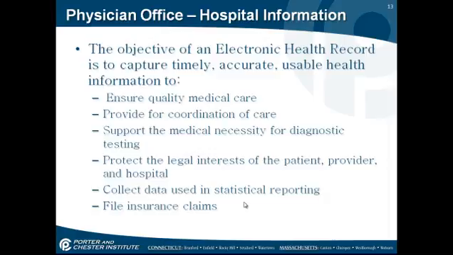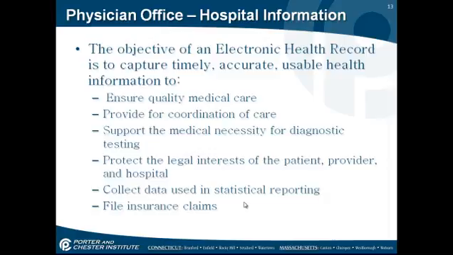The information that goes into an EHR is going to track diagnoses and the testing that happens because of these diagnoses. It's going to protect the legal interests of the patient, the provider, and the hospital.